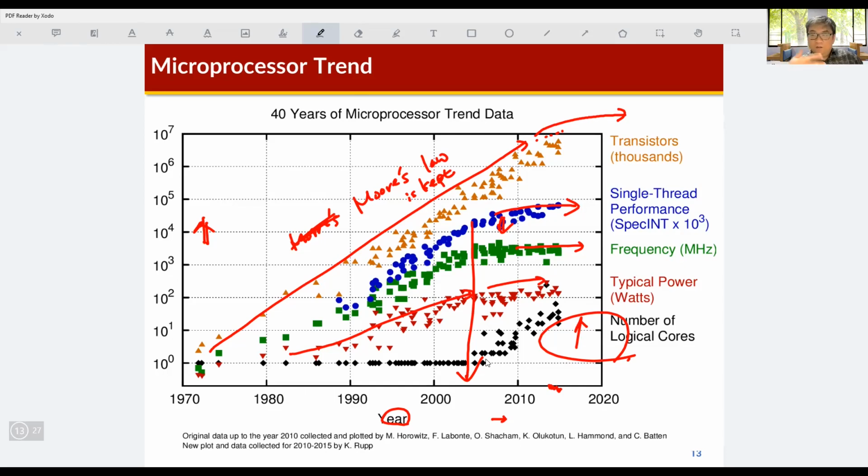That is the technology trend, but this trend is also slowing down. So that's why computer architecture requires a different type of processor, not CPU, but some specific kind of processors.